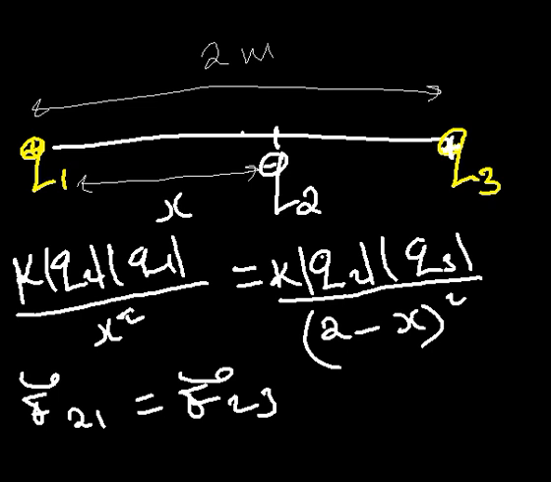In this case, we'll be able to find the value of x that satisfies the condition in which F net here will be given as 0. So this and this will cancel, and this and this will cancel.